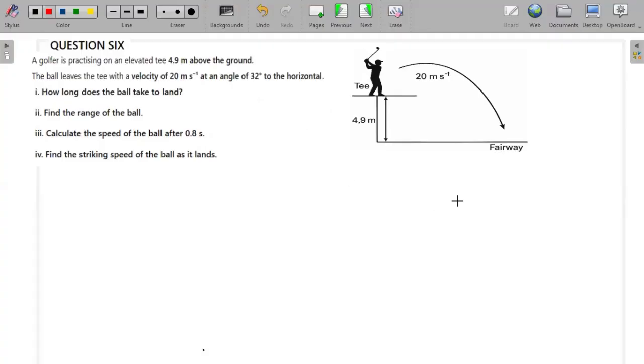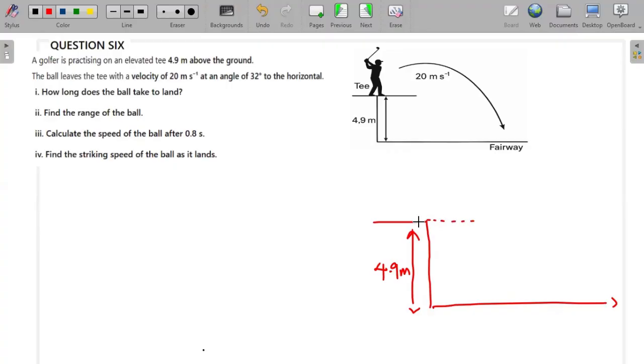So I'll redraw this diagram here with just lines like this. This is the cliff, and we're told that this point is 4.9 meters above, like that. Then he hits the ball such that it starts with an initial velocity from this point here, like that.